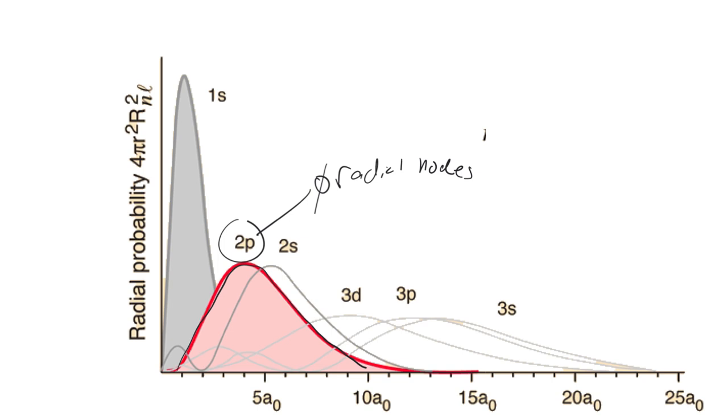But then if you look at the 3p, it's this curve here. It's kind of hard to follow the curve. The 3p should end up having 1 radial node.